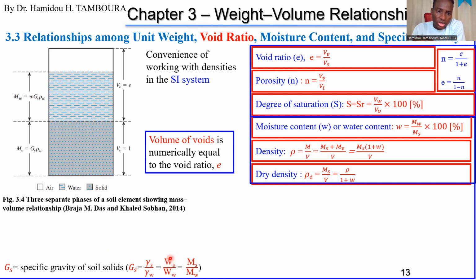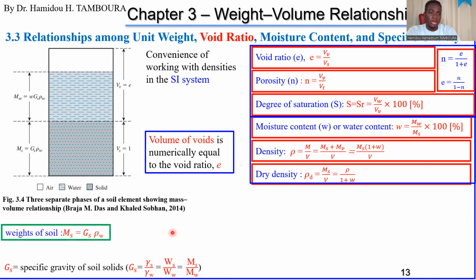It's better than using weight or mass. These are not really used, so I don't advise you to use this. Just use unit weight or density, rho S divided by rho W.